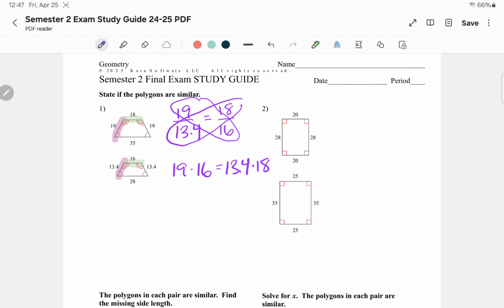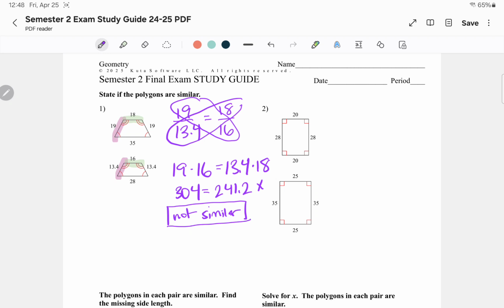Let's use our calculator: 19 times 16 gives us 304. Then 13.4 times 18 gives me 241.2. Are these numbers equal? They are not. So that means these polygons are not similar.